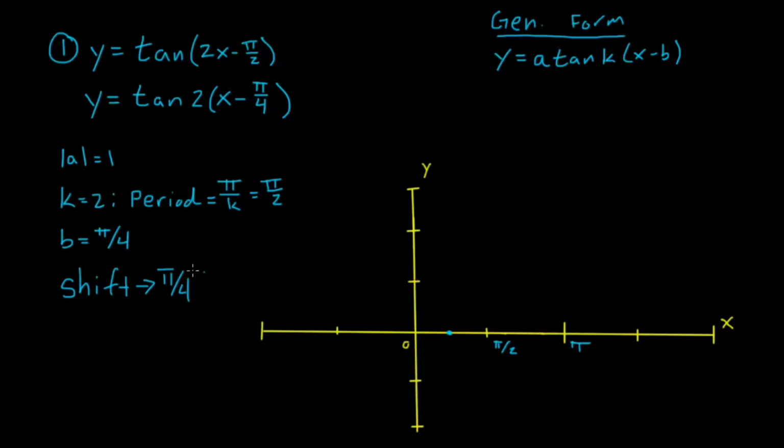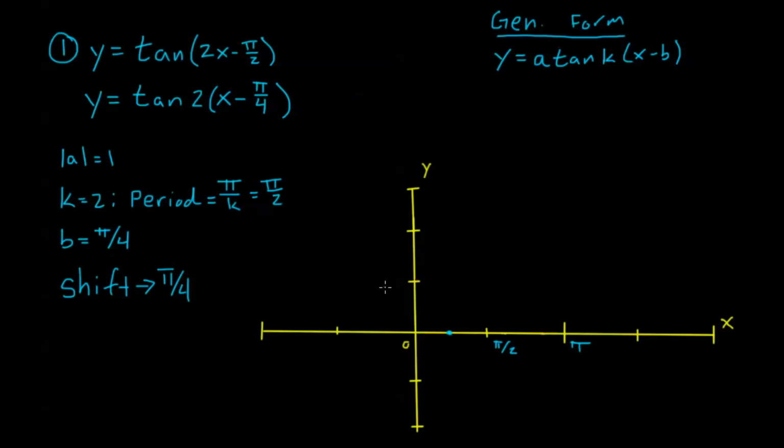Let's just say I didn't have a shift at all and my period changed to 2 pi. Well, my center would still be here at 0, 0. If you go back to the tangent video, you'll see that we went from negative pi over 2 to pi over 2. It's very important that you do not shift the left asymptote and then stretch and skew. Your graph can get off that way. When you do the shift for tangent, keep everything based around that center point and you'll be good to go the whole way.